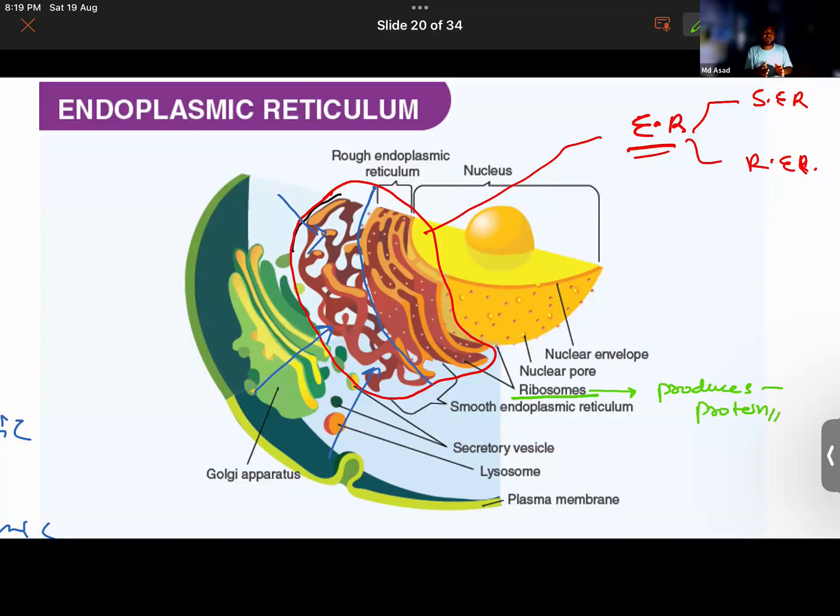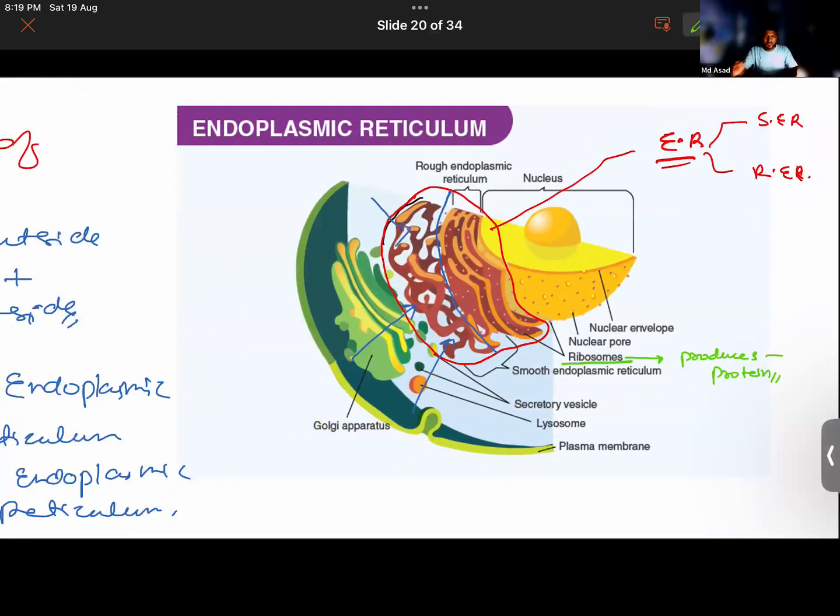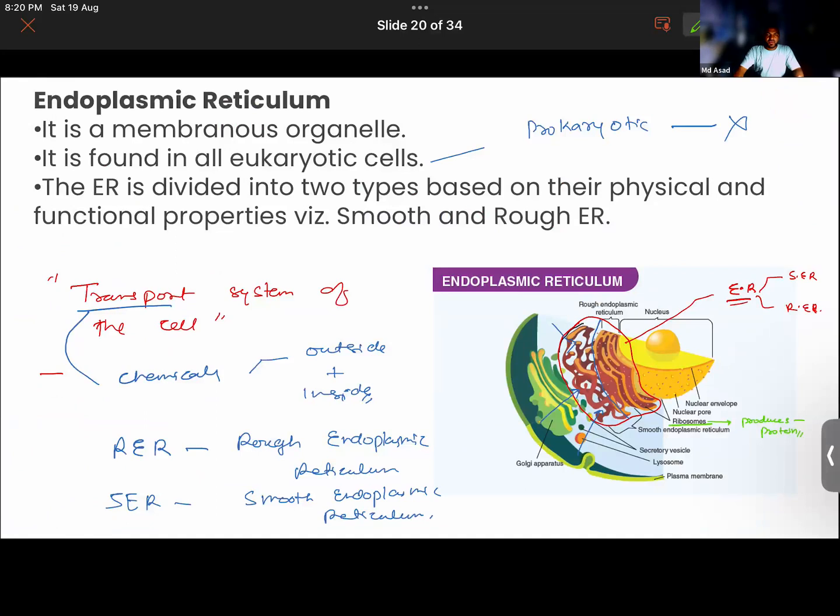So that part of the endoplasmic reticulum on which ribosomes are present will be called rough endoplasmic reticulum. It looks rough, right? While that part which lacks them will be called smooth endoplasmic reticulum. So that much you need to know about the endoplasmic reticulum.